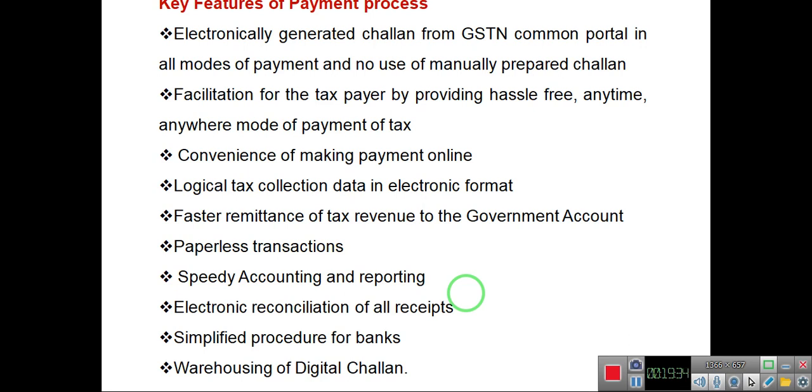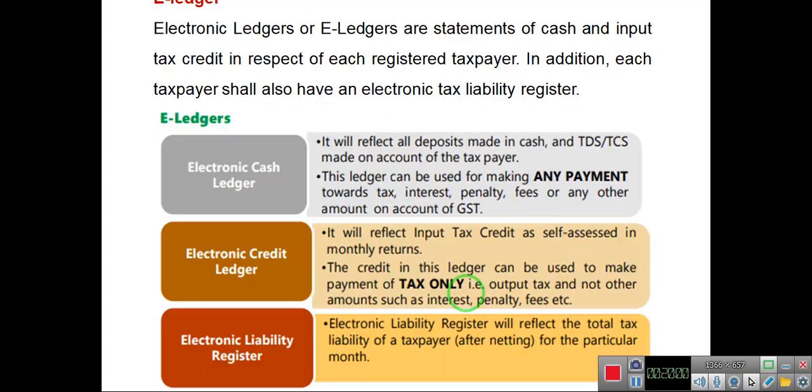Faster remittance of tax revenue to the government. Paperless transactions since the whole process is online. Speedy accounting and reporting is possible. Electronic reconciliation of all receipts. Simplified procedure for banks also, and no need of warehousing of physical challan in the payment process under GST.